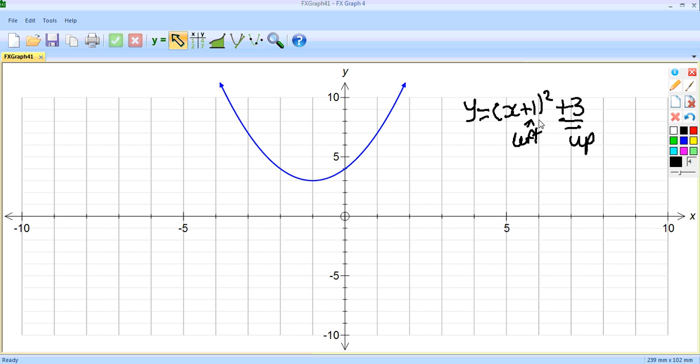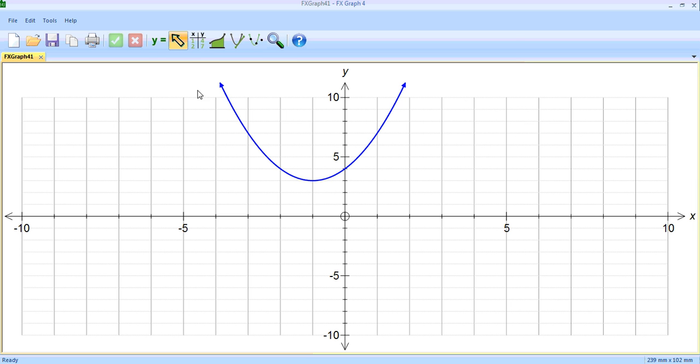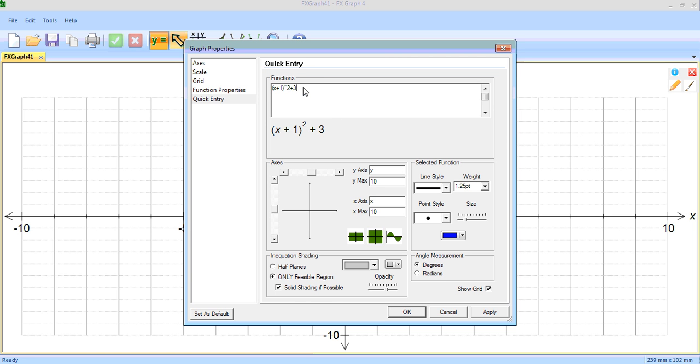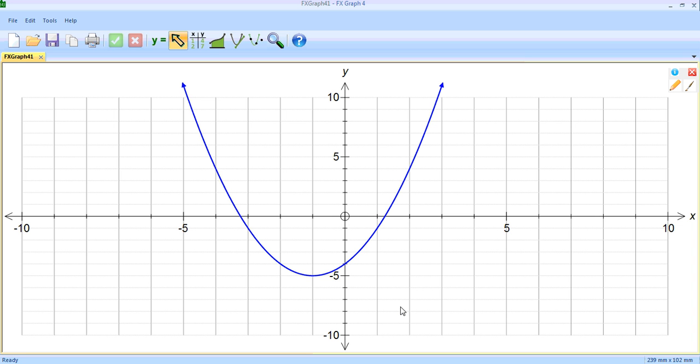Okay, so we've now got the transformation of how you move it left and right, and how you move it up. Of course, if you move it down, we're just going to have a minus on the end. Say something like minus 5. We'll take it all the way down to minus 5 and see what that looks like.